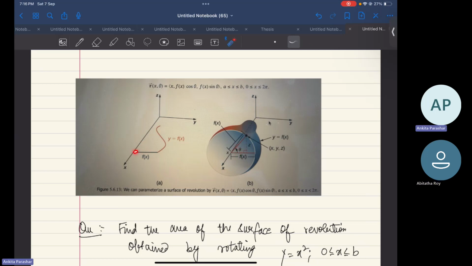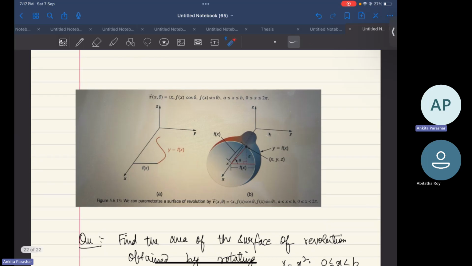One can then compute points on the curve, let's say (x, y, z), by drawing this point perpendicularly onto the xy plane and looking at what the coordinates are. Those coordinates are defined by this, which is nothing but f(x) cos theta, so your y coordinate becomes f(x) cos theta, and the z coordinate becomes f(x) sin theta.